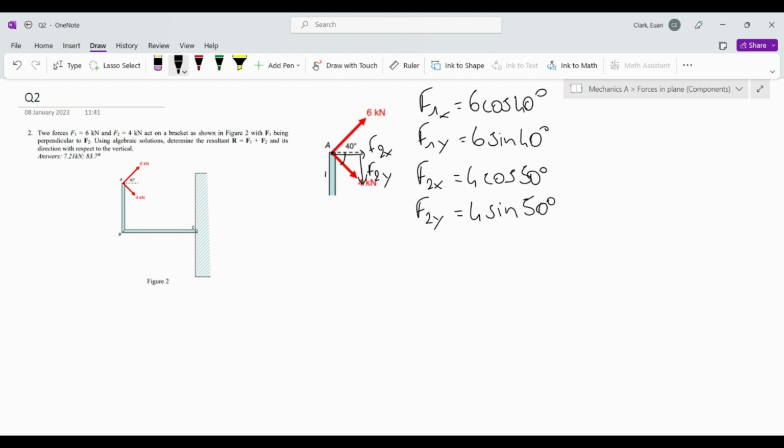Next step, just like the previous question, we are going to calculate the sum of the forces in the x and the y direction. So sum of forces in the x direction, both forces are going to the right, so they will both be positive, just like the previous question. Let's just write this here, y and x.